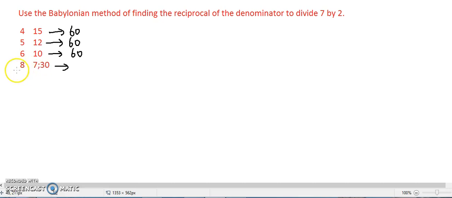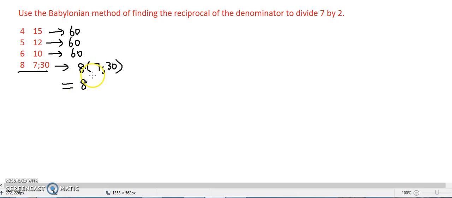And so why do these two multiply to be 60? Because this is multiplication, 8 times 7; 30.